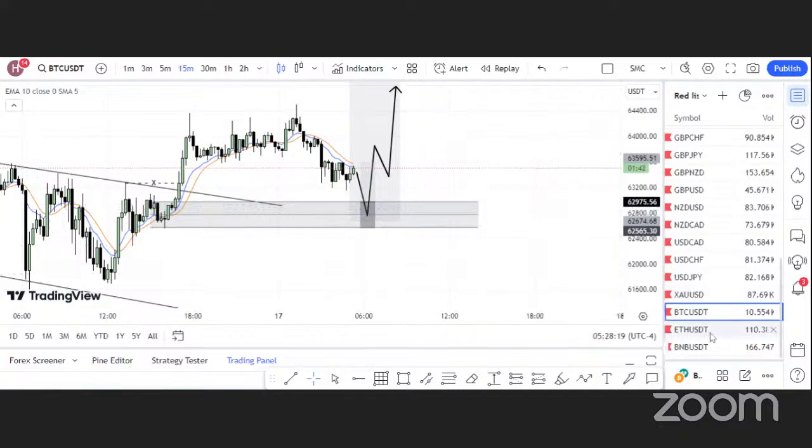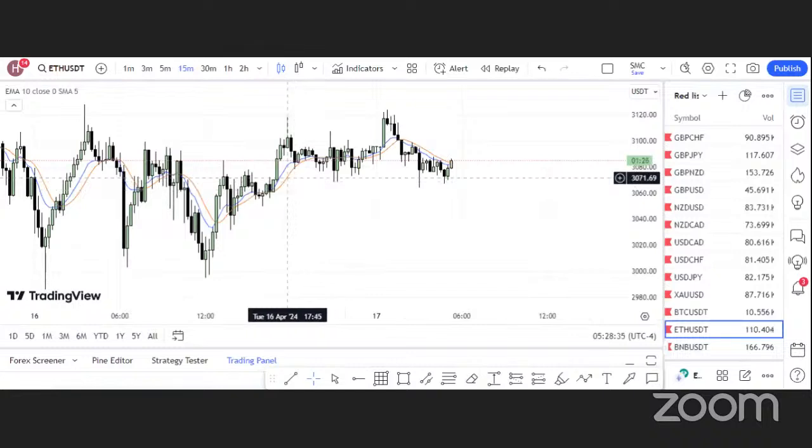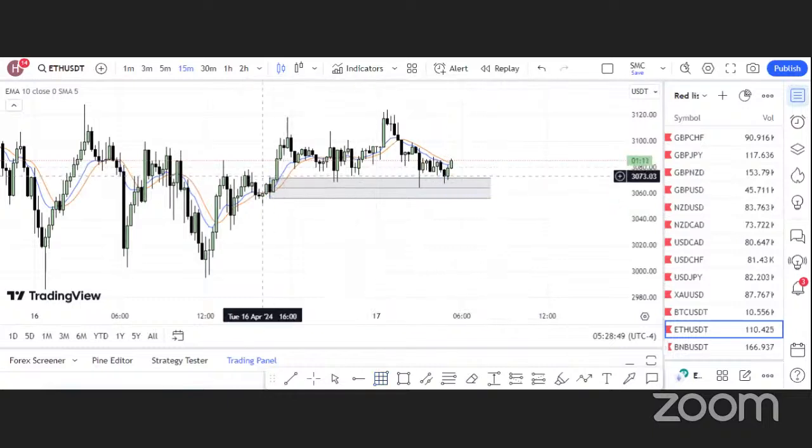Let's move on to the next instrument, which is, I don't know if I should call it the younger brother or the sibling of BTC USDT, Ethereum. Ethereum is always doing exactly what BTC is doing. If the BTC market is moving bullish, the Ethereum market would also be moving bullish.